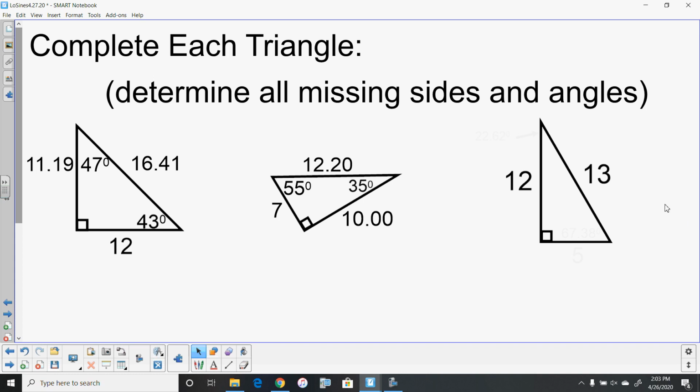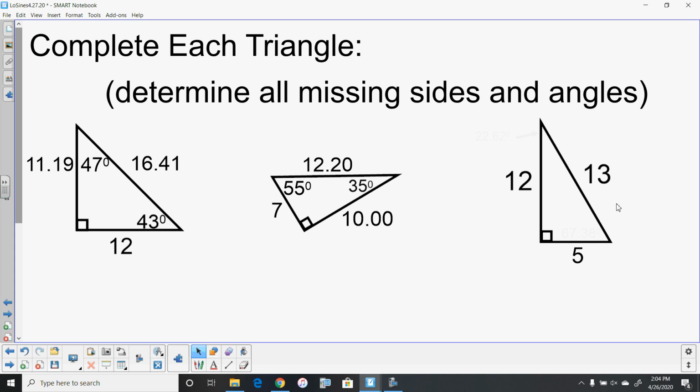Now in this last example here, it's nice. We do see we have a 5, 12, 13, so using a Pythagorean triple, maybe you get 5 right away. You could also solve for that using Pythagorean theorem, or we could do inverse trig and then use trig later. But once you know 2 of the 3 sides, Pythagorean theorem is always a nice trick to get that third side.